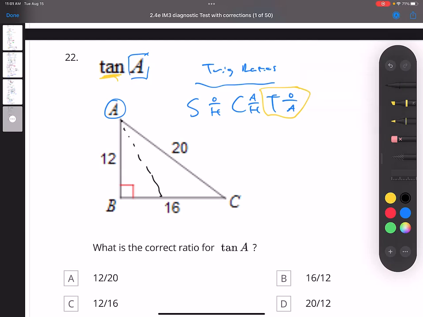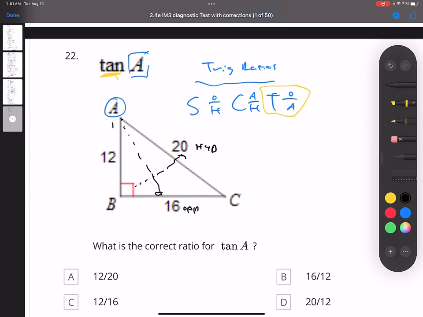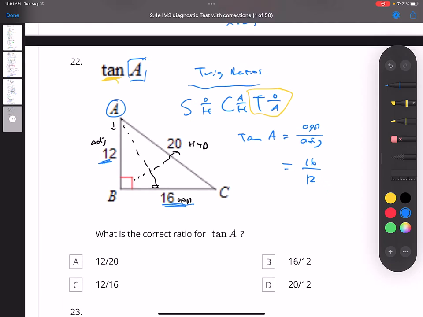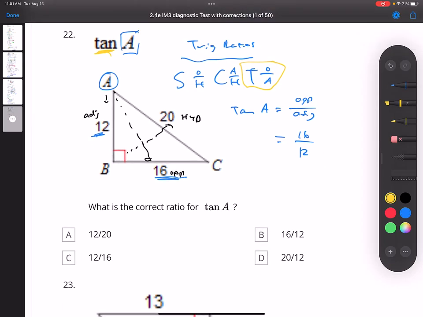Going across, this one is called opposite. Across the right angle is the longest side, which is called hypotenuse, and the one next to it is called the adjacent. So tangent of A would be the opposite over the adjacent. The opposite is 16 and the adjacent is 12. This would be B.